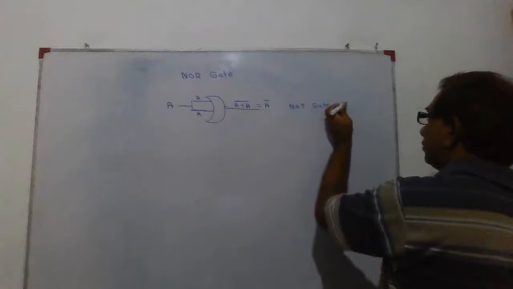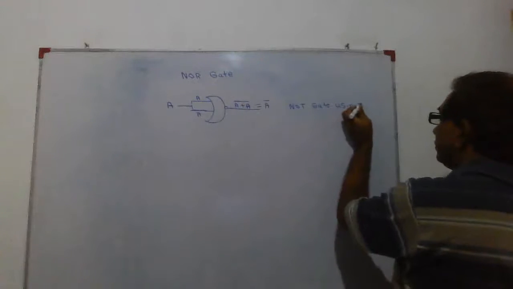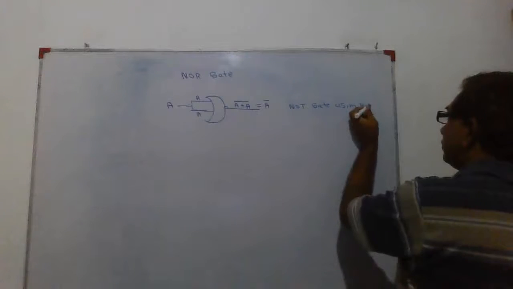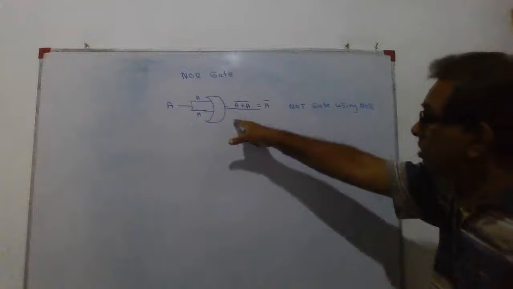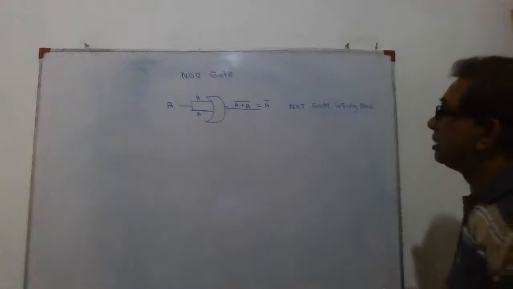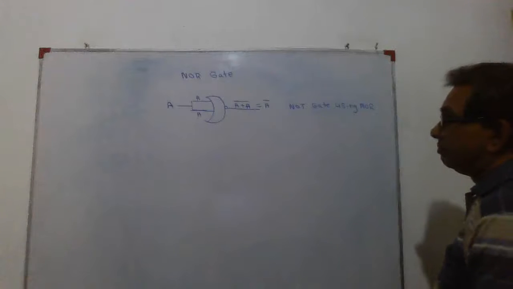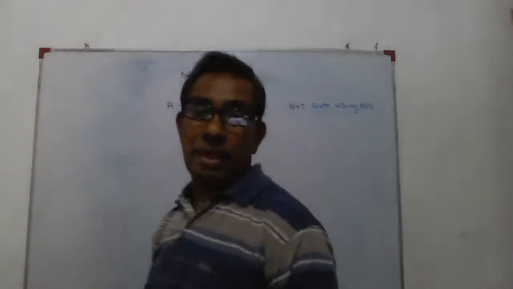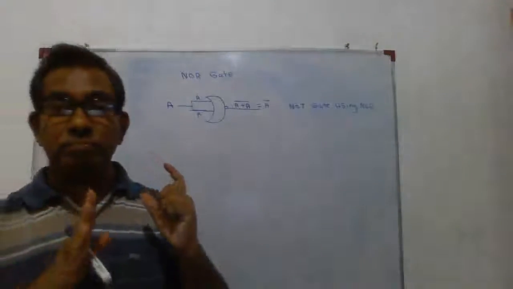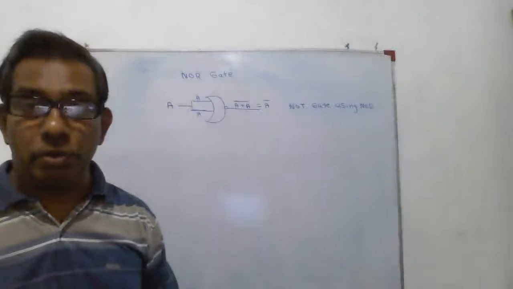Using NOR gate. NOT gate using NOR gate. Here we have a NOR gate, but actual representation is NOT gate. Right. So you can see the given note.